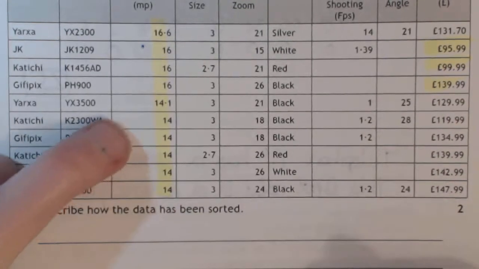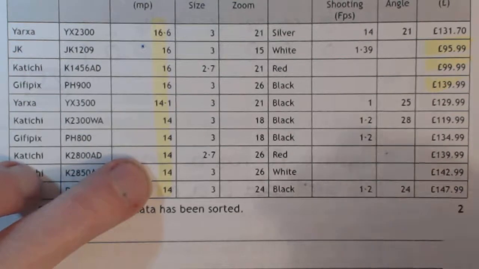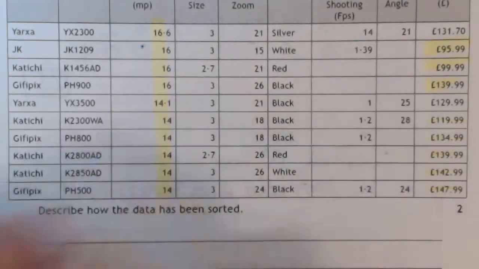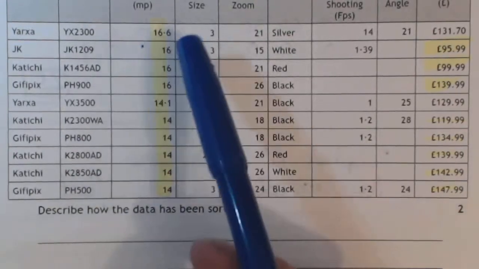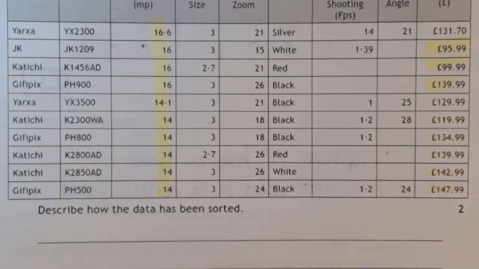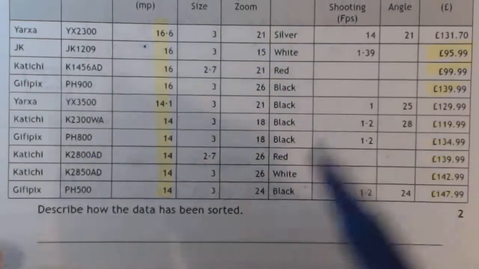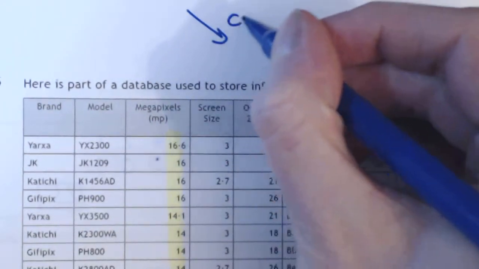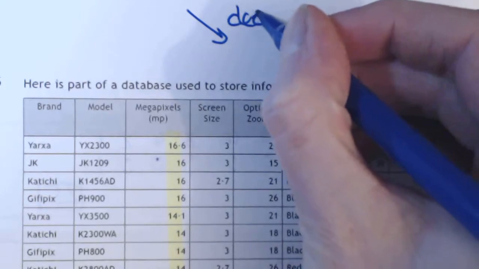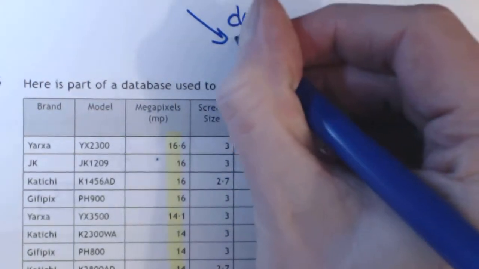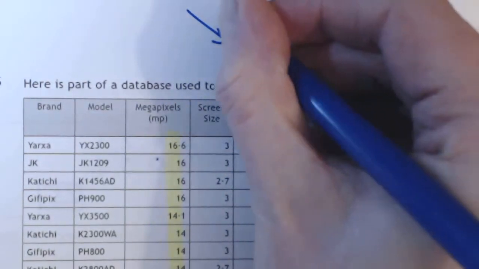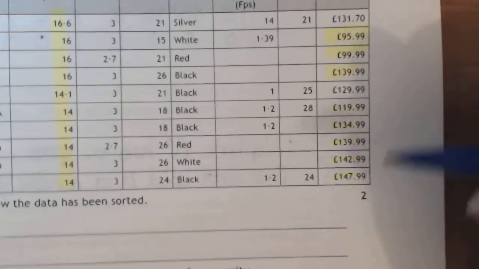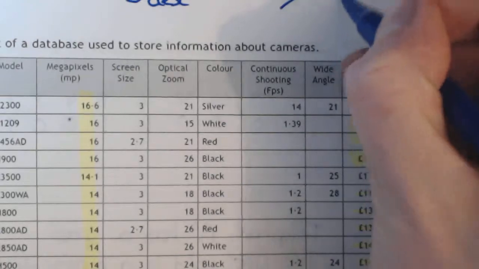Right, so if you look at the ones in 14, that's going up in price. So the numbers here are going from high to low. High to low is descending. Try and spell it properly this time. Okay, so that's descending, and these ones are going from low to high, so that's ascending.